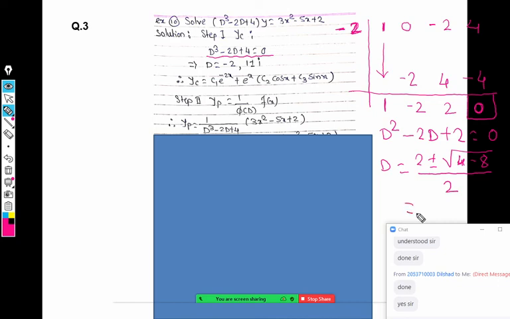So you will get 1 plus or minus i as the root. After that you should write this one. If you have a doubt, yes, you can ask. Any doubt?